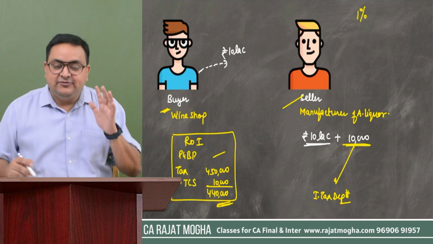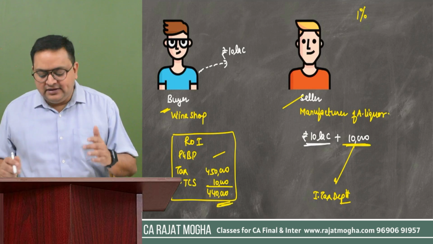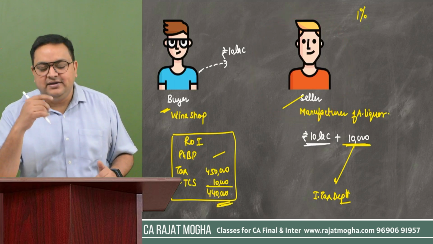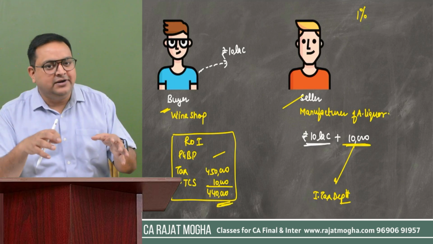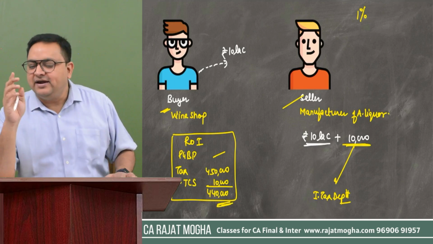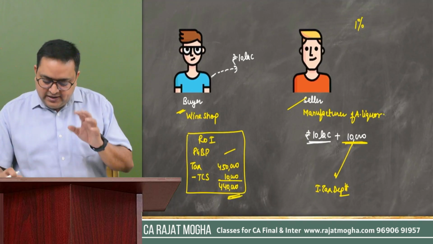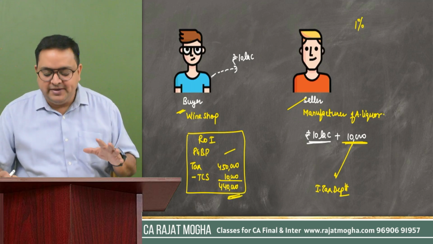So if there is any transaction on which TCS provisions will apply, then the person who is receiving the amount has to collect something extra from the buyer. Whatever is the TCS rate on that particular transaction will apply. Correct? Okay. Now I'll read out the things on which TCS provisions will be applicable.